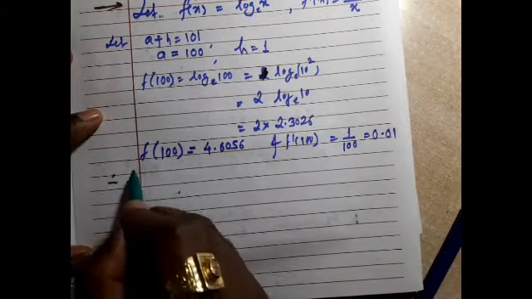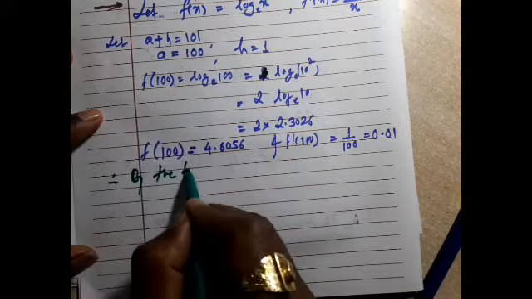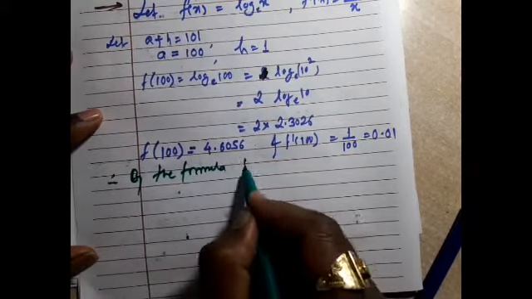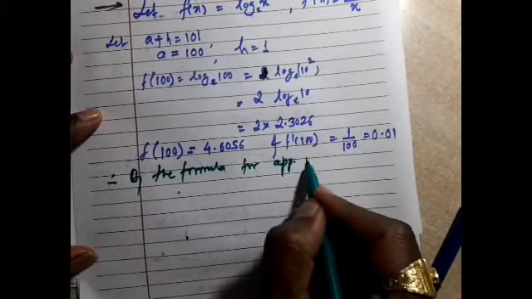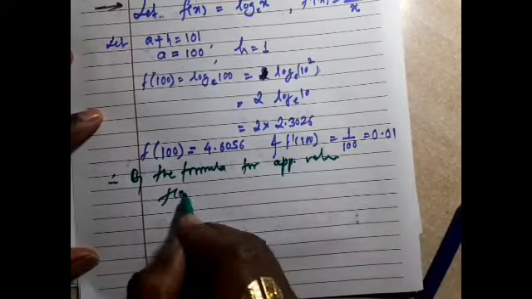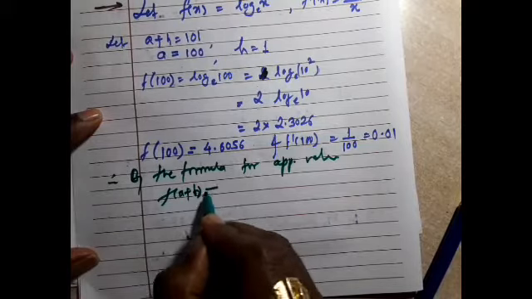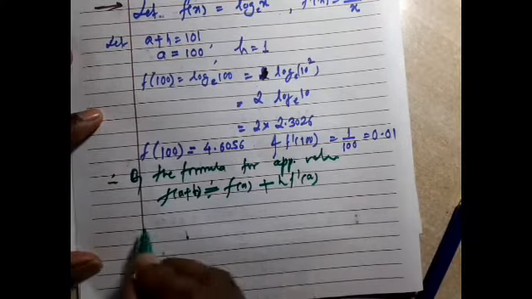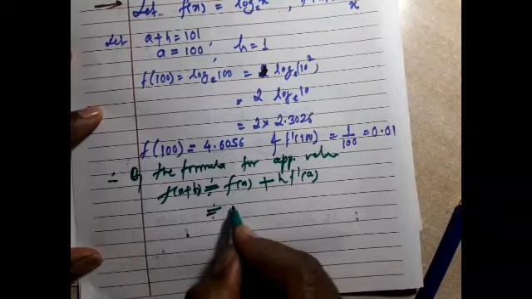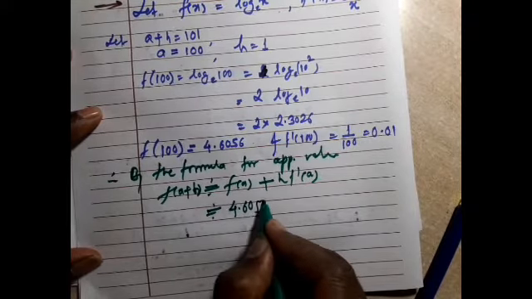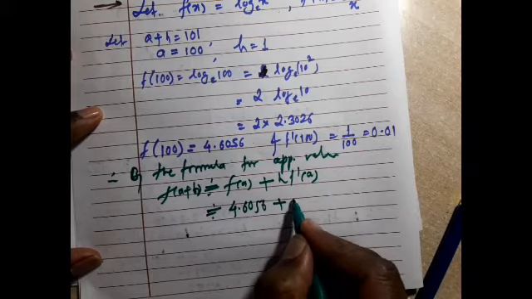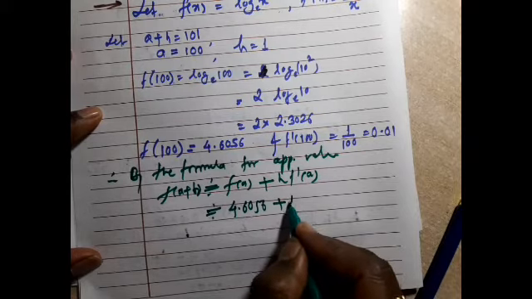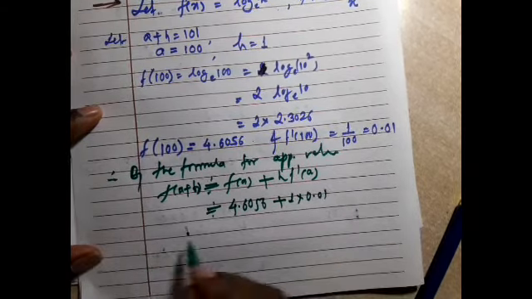Therefore, by the formula for approximate value, what is the formula? f of a plus h is approximately equal to f of a plus h f dash a. This is nothing but 4.6052 plus h, 1, into 0.01.